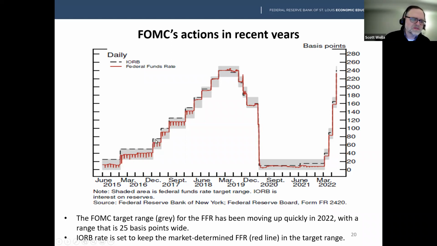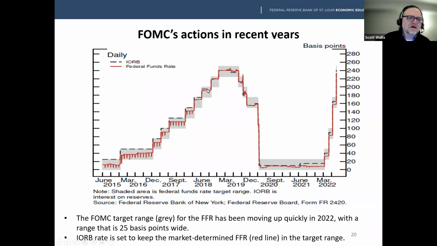Okay, and as you can see, as the Fed increases the target range, it keeps that rate at the top of the range, and you can see that as we climb here, the federal funds rate is getting closer and closer to the interest on reserve balances rate, so much so that instead of being in the middle of the range, it's moving towards the top of the range.